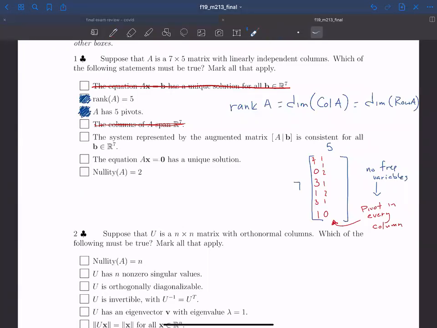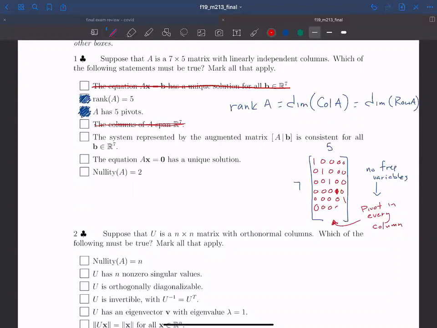But the row space would span R5 though, because those are in R5. Yes, that's a great comment, a great thing to add. So if we row reduce this down, we get something like 1 0 0 0 0, 0 1 0 0 0, and so on.